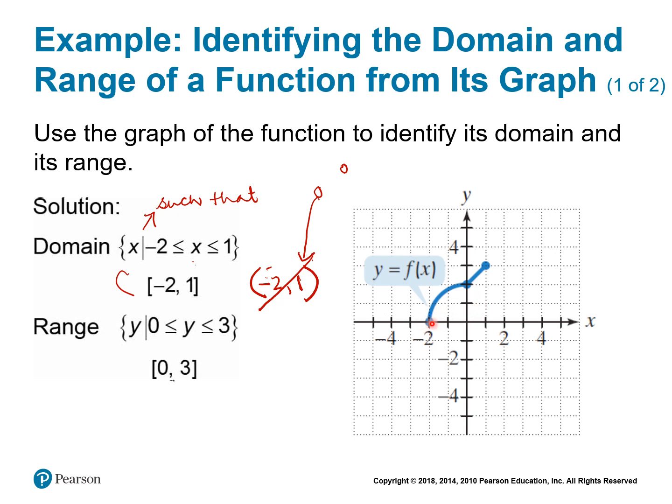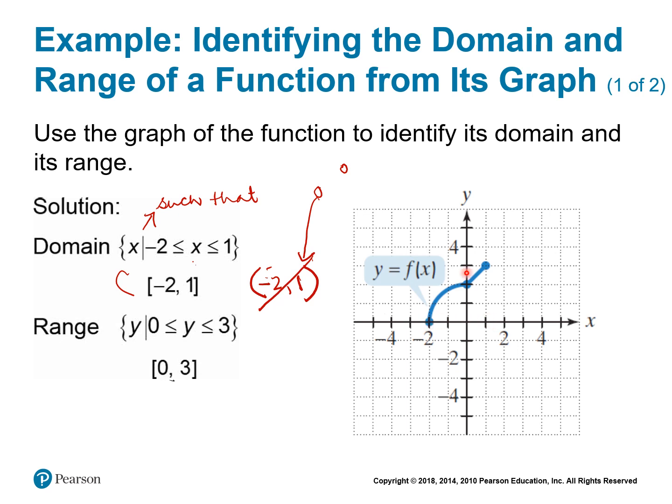The lowest y value is y equal to 0, correct? When x is -2, y equals 0. The graph does not extend beyond y equal to 0; it does not take a value less than 0. That's the lowest value the graph takes for a y value.